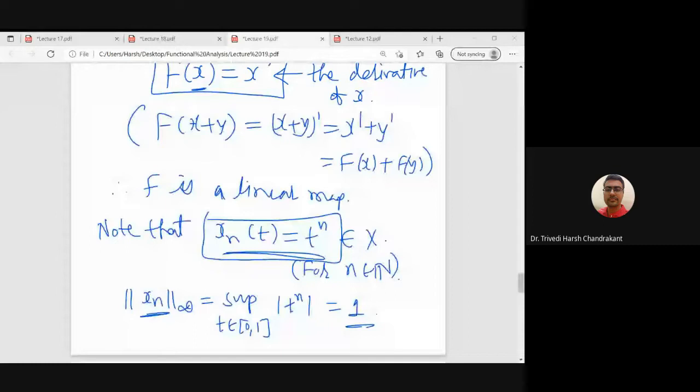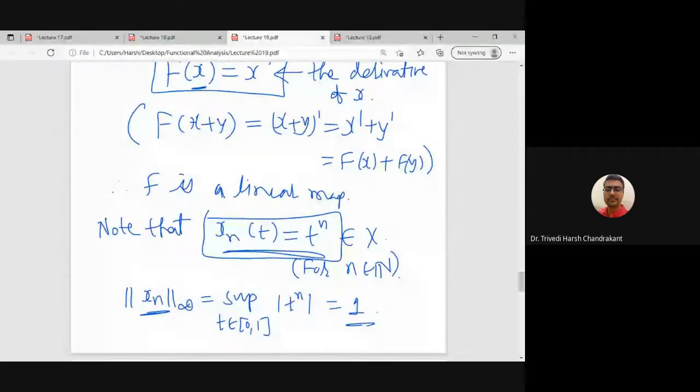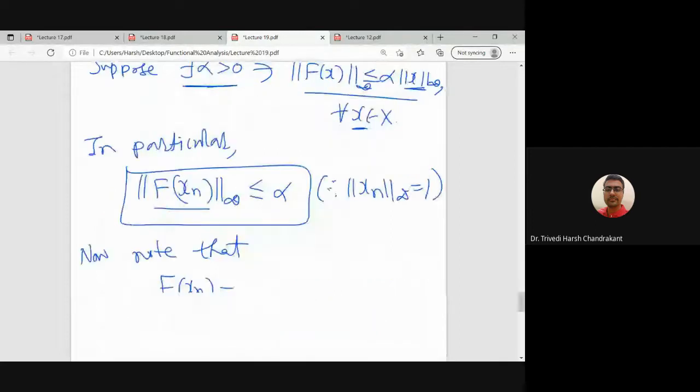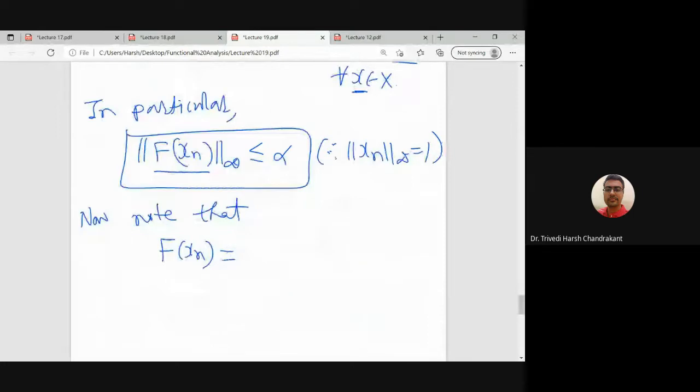Derivative of x power n is n x power n minus 1. So here the variable is t. So that means derivative of t power n is n times t power n minus 1. Right. So derivative is n t power n minus 1.